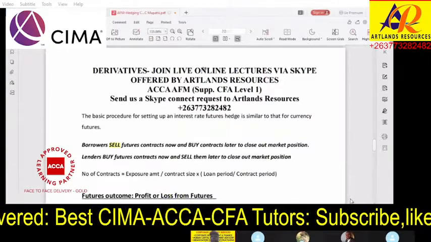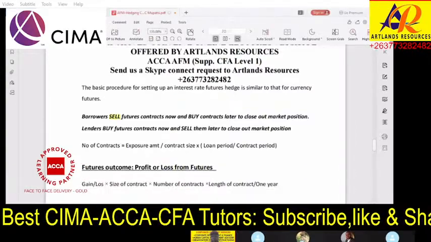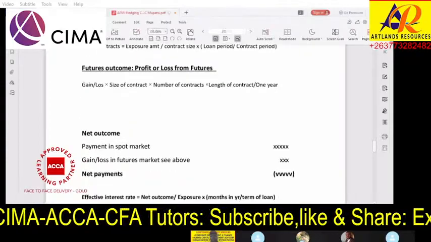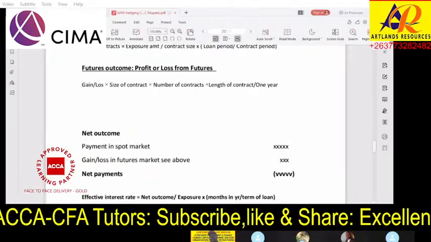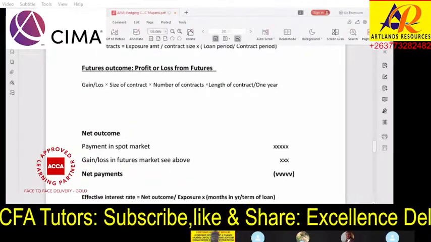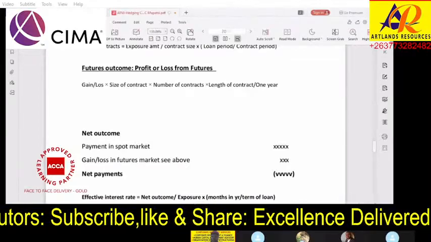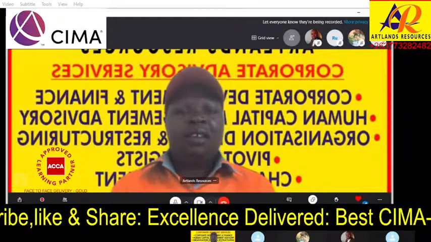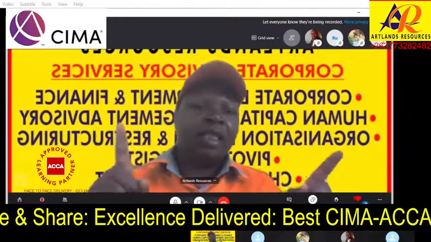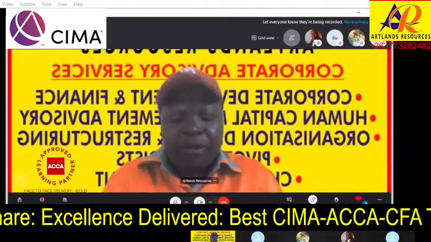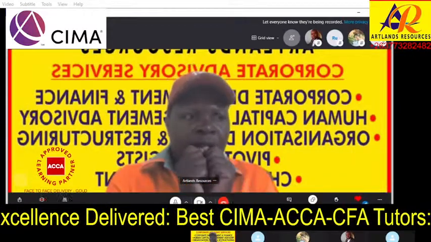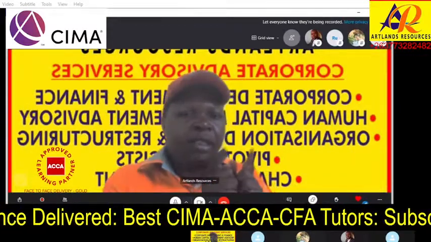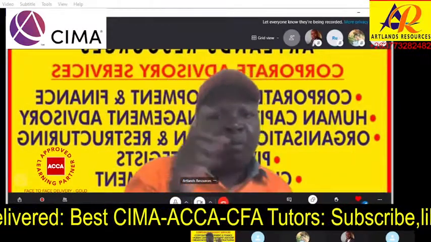Then we look at how the outcome is computed. Have you noticed how we computed outcome on the forward? On the futures, it's a similar technique to getting the outcome, because I have hedged banking on futures.